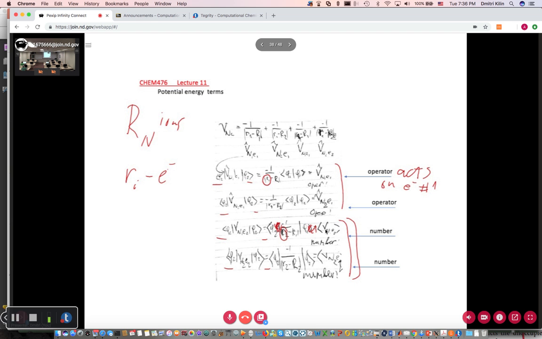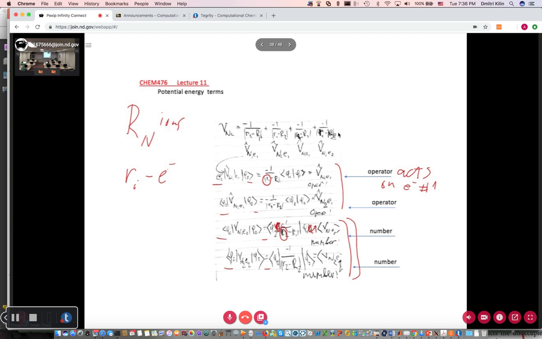So it will be the matrix element of 1 over R2 minus R1 capital with phi 2, bra and ket on the left and right. So it will be the expectation value in angular brackets, V sub N1 E2. And the same for the attraction to the second nuclei.